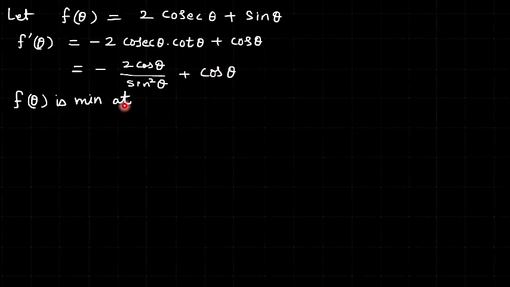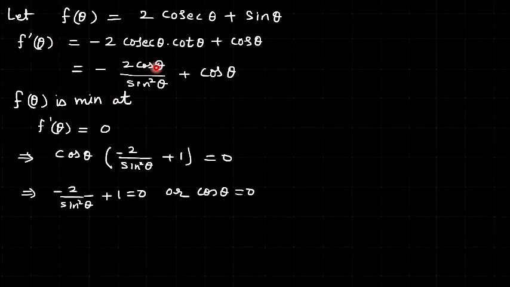And f theta is minimum at f dash theta equal to 0. So here I have taken cos theta common, so minus 2 by sine square theta plus 1 is equal to 0.